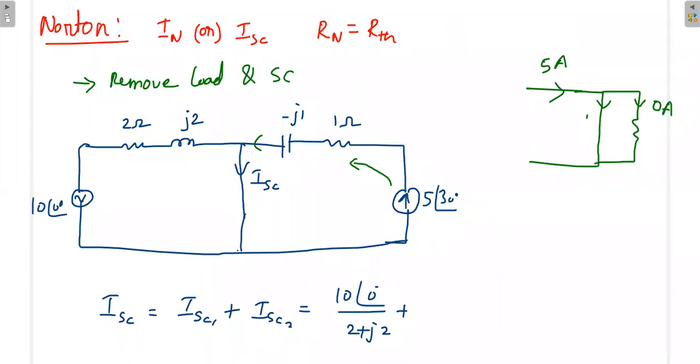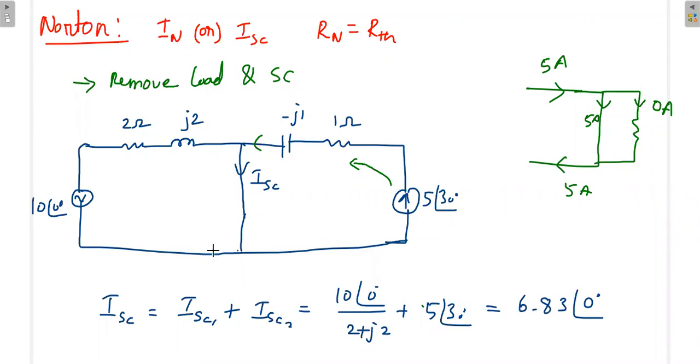So the 5 ampere will come here, and it will become 5 ampere here. Similarly, you are getting 5 ampere current here. That current will not go in this direction, but it will go here because this is simply a short circuit. So simply I can take that here, 5 at 30 degrees. Now you add both, then finally you will get 6.83 at 0 degrees. So this is the short circuit current.